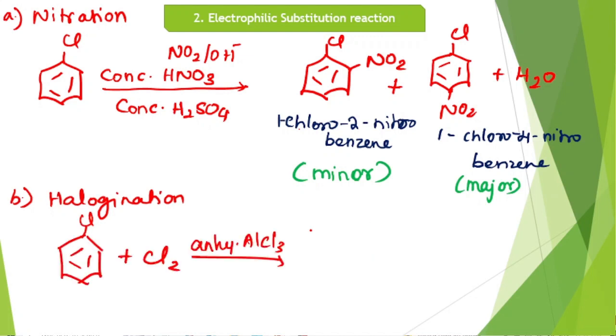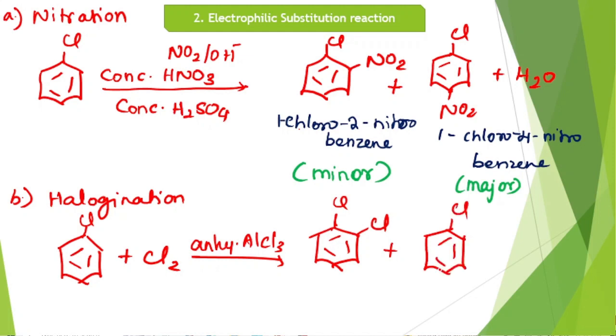So you are going to get the benzene ring with chlorine already there, and again one chlorine will be attached. Here also two positions are seen where chlorine is going to be attached. Plus HCl will be liberated, as one Cl goes and attaches.